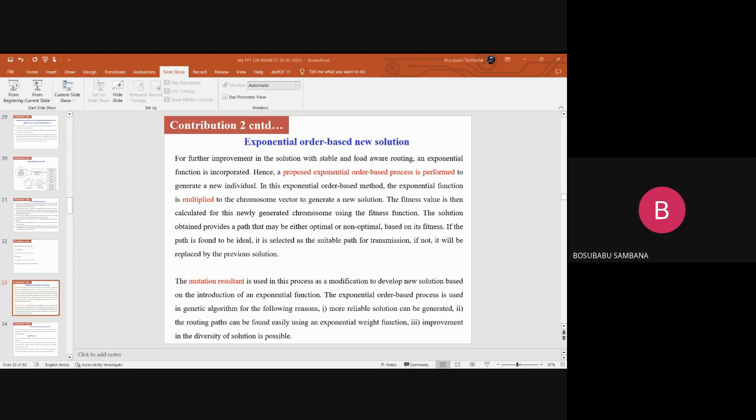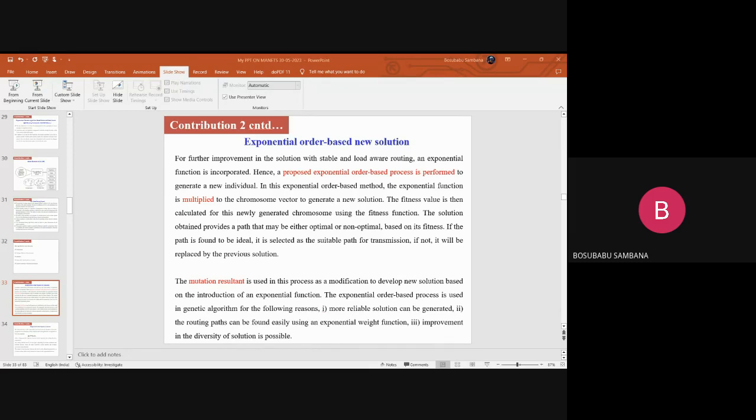Initially, the exponential order based new solution. Here, the main thing is improvement of the data connectivity and node connectivity through the data transmission. And if any error occurs due to various factors, then the proposed exponential order based process is performed through the multi-channel connectivity through the genetic algorithm operational way.